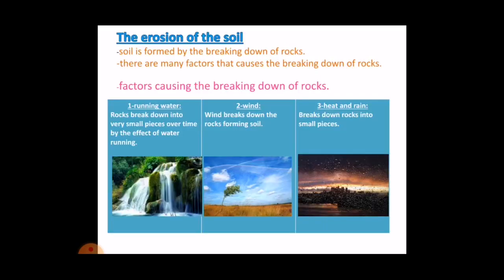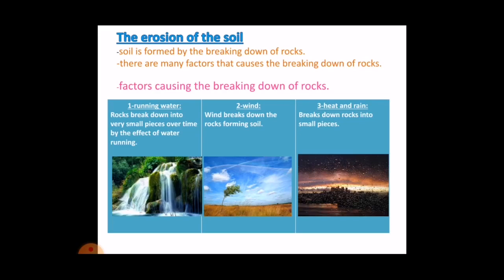The erosion of the soil. Soil is formed by the breaking down of rocks. There are many factors that cause the breaking down of rocks. What are the factors causing the breaking down of rocks? Number 1, running water. Number 2, wind. Number 3, heat and rain.